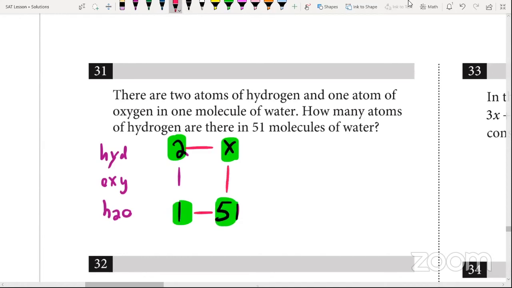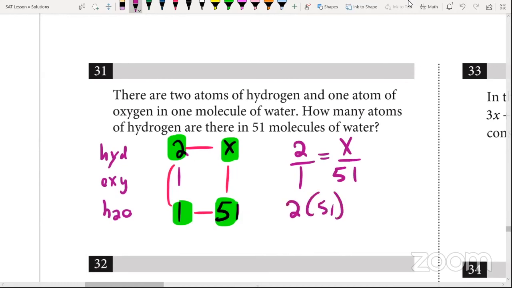That allows us to write a proportion and say 2 over 1 equals x over 51. Cross multiply, 2 times 51 equals x times 1, and x now equals 102. And the answer to number 31 should be 102.